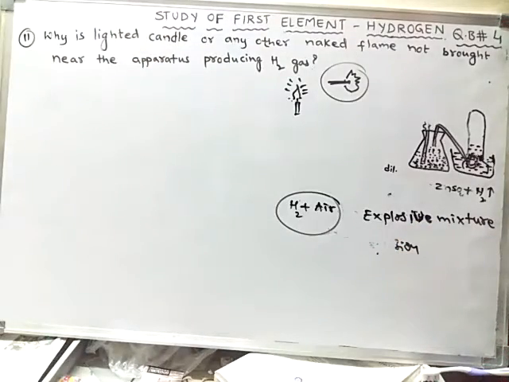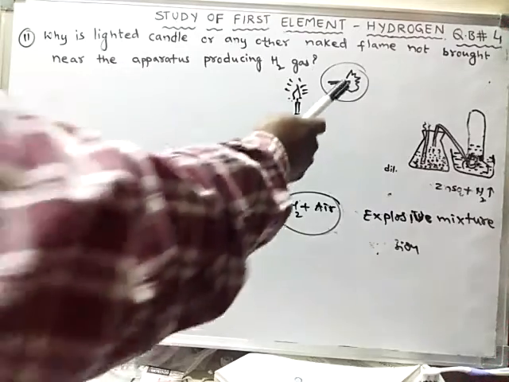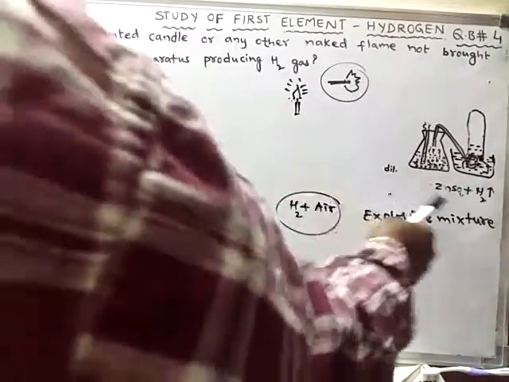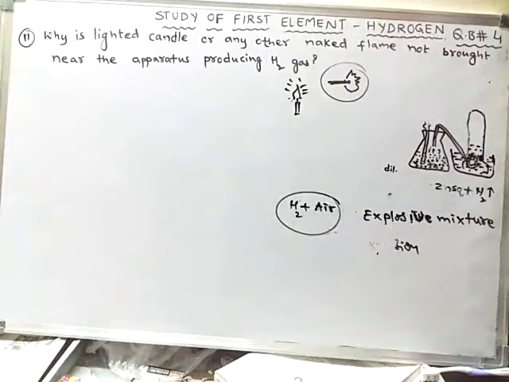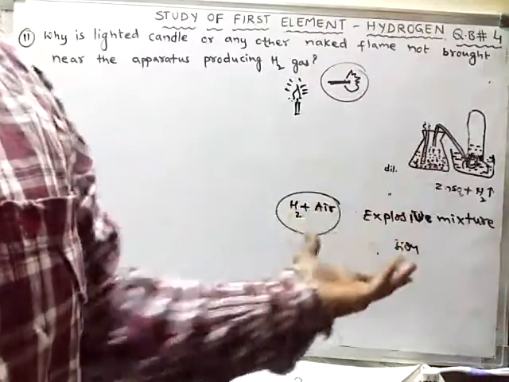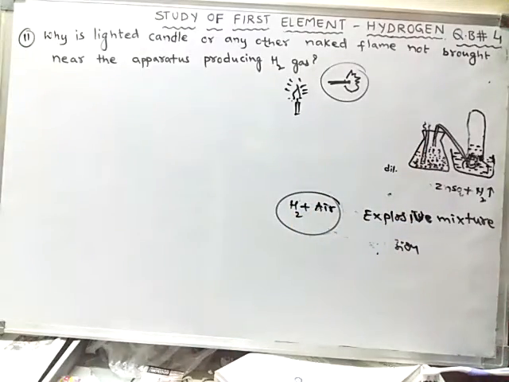So in order to prevent the explosion, we should not bring the naked flame towards the apparatus where hydrogen gas is produced, because there will be some leakage of hydrogen gas.